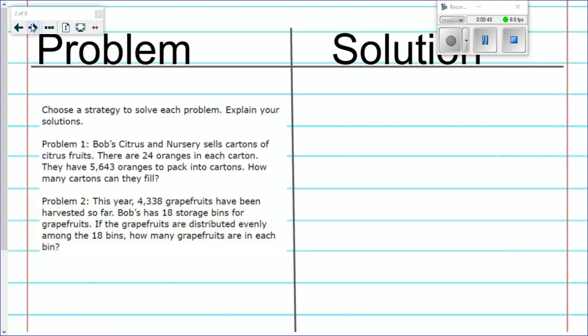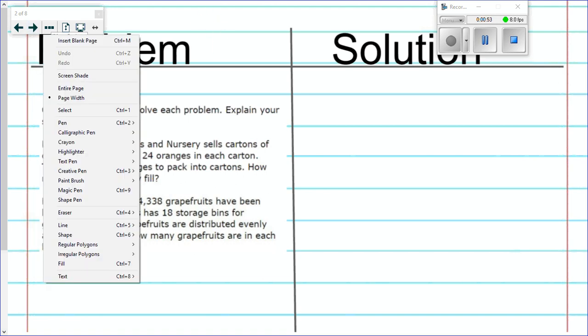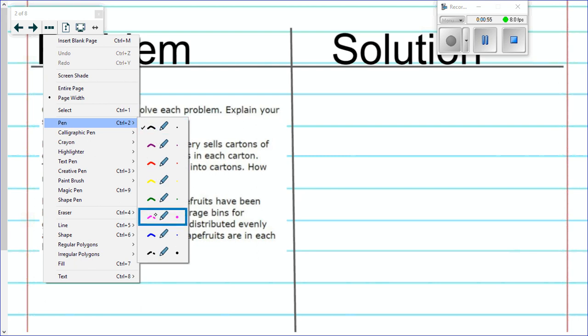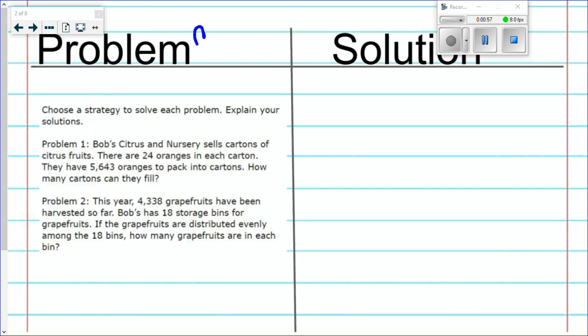Well, of course, at this point we need to do CUBES to understand what our problem is. So for the first problem, for CUBES, we're going to circle the number 24 because we have 24 oranges, and then we have 5,643 total oranges to pack.